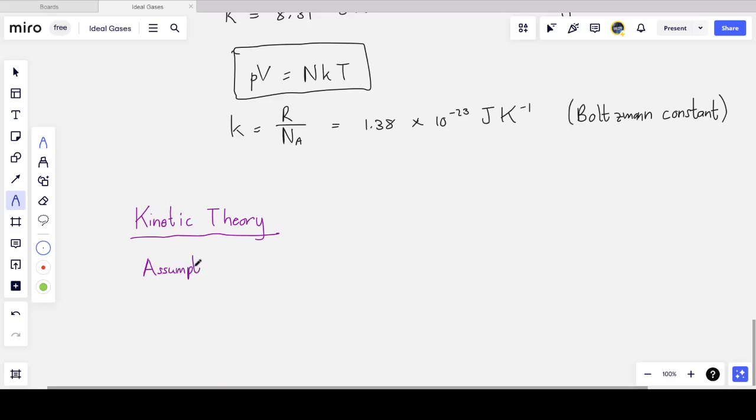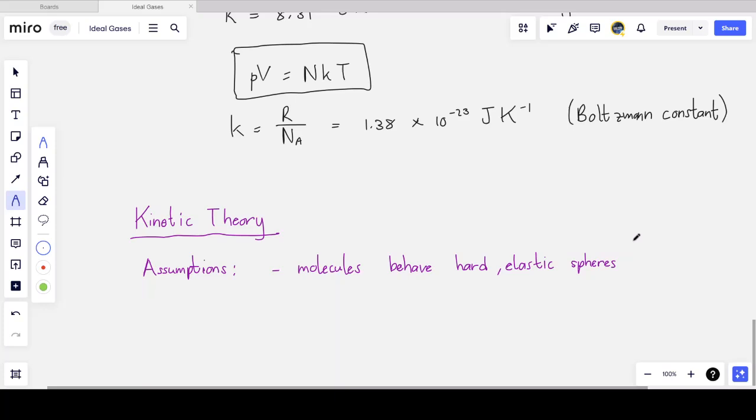Now, for us to use the kinetic theory, we have to make some assumptions about the molecules of the gas. Okay, and some of these assumptions are as follows. The molecules of the gas must behave as hard elastic spheres. Now, you might have remembered the word elastic from AS physics, from the topic of deformation of solids and from the topic of momentum.